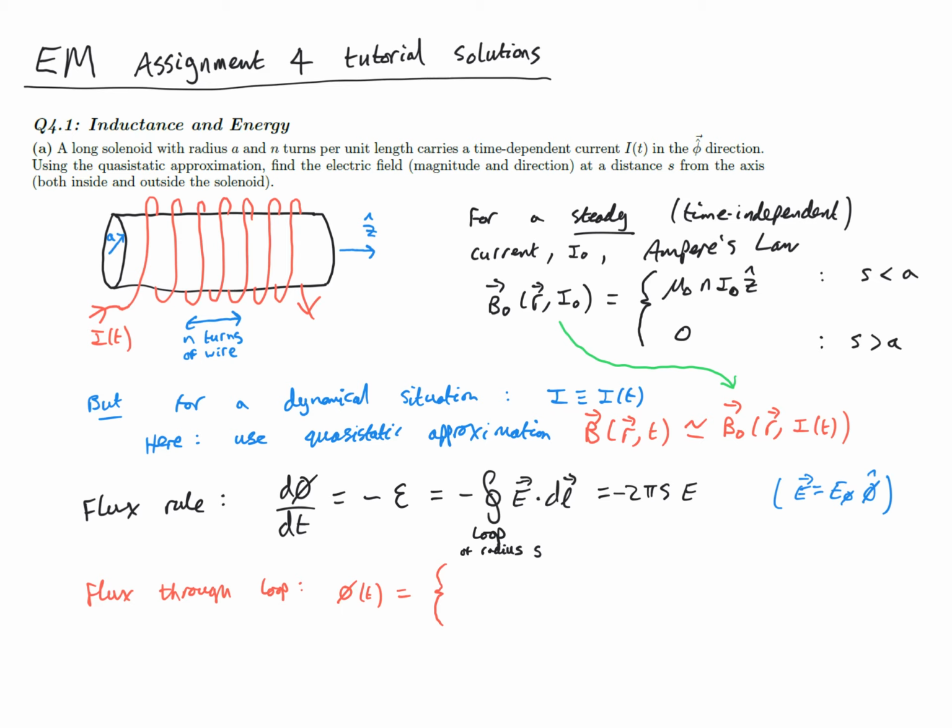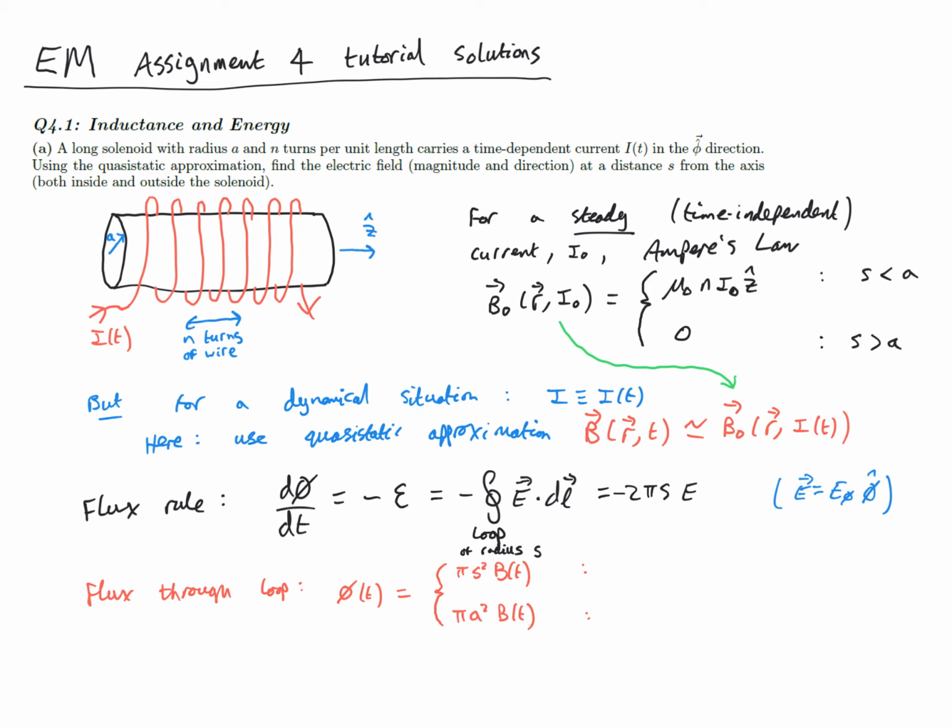And I can simply read that off from looking at these two expressions for the magnetic field. The magnetic field is only inside the solenoid, and so we have two different cases. If we're inside the solenoid, we have pi s squared B of t, and if we're outside, we have pi a squared B of t.